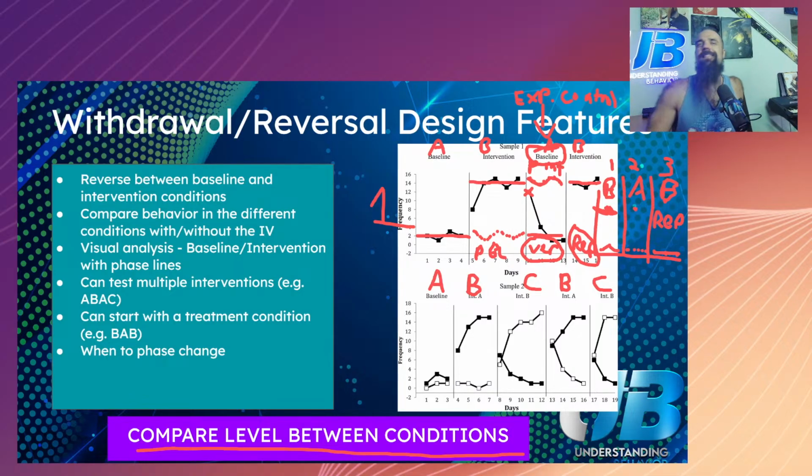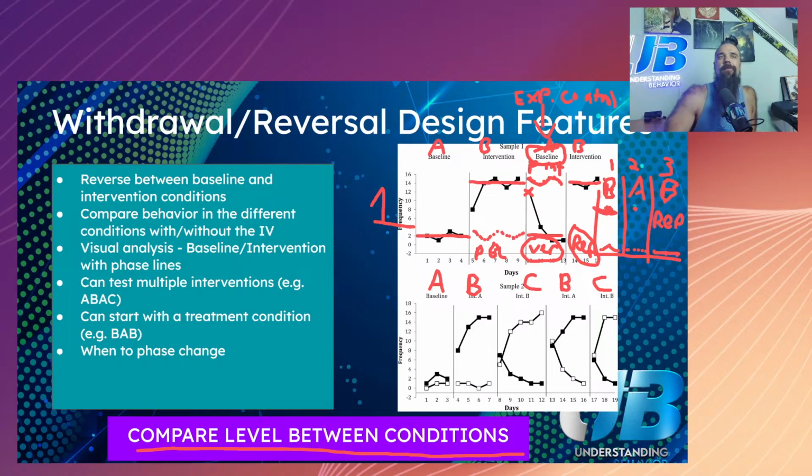There was a request to say the part about baseline logic one more time. So what we need is to reverse back to the original condition. If we started with baseline, then we can show experimental control by going to intervention and then baseline. This would show us verification. Or we can also show experimental control if we started with an intervention condition.